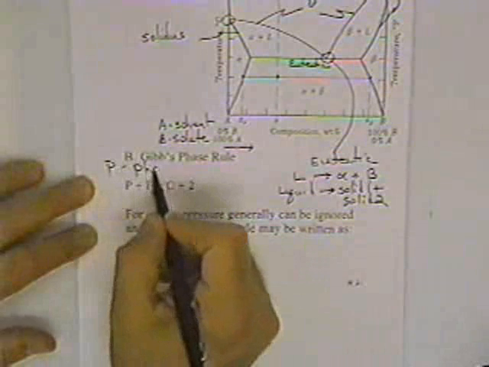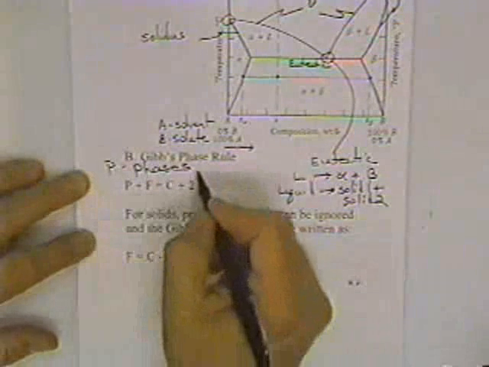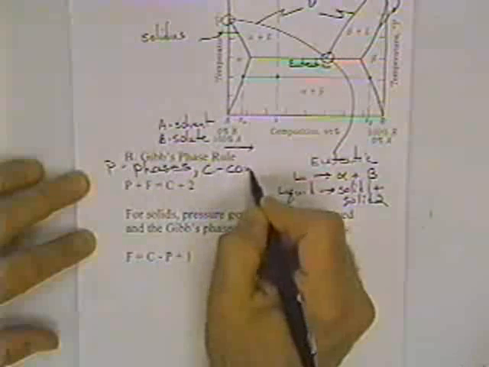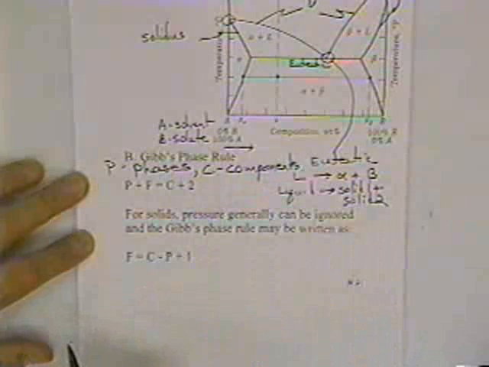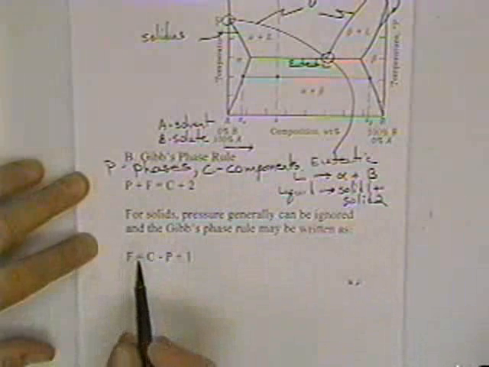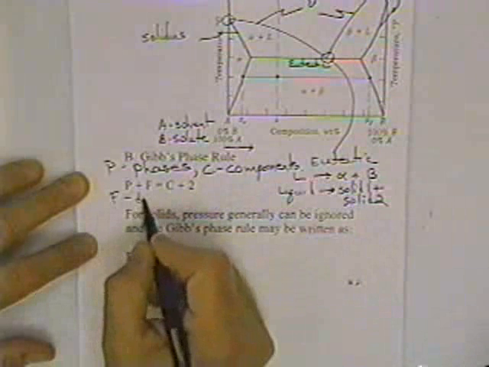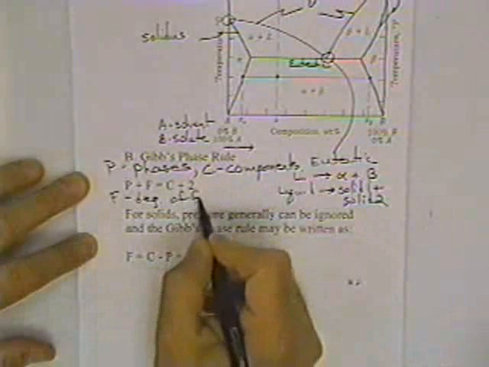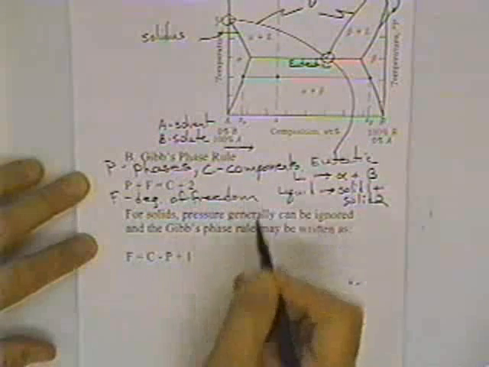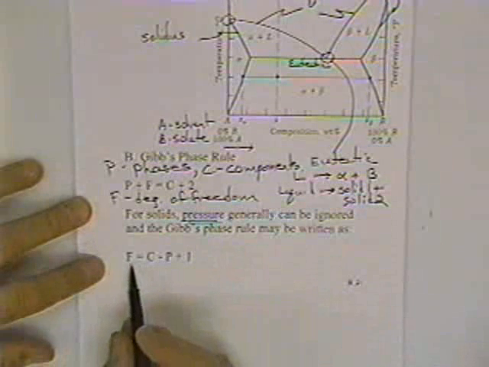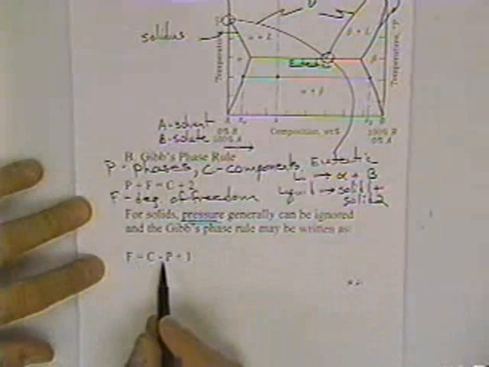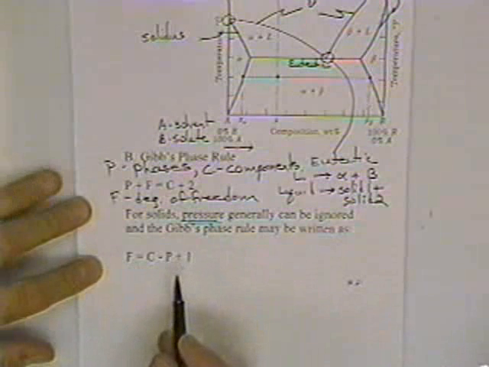So P is the phases, C are the components. That's usually the minimum number of elements that are required to specify the system. Phase is a homogeneous distinct region. And F is the degrees of freedom. And generally, you can ignore pressure for solids, so we can write this as the degrees of freedom equal the components minus the phases plus 1.